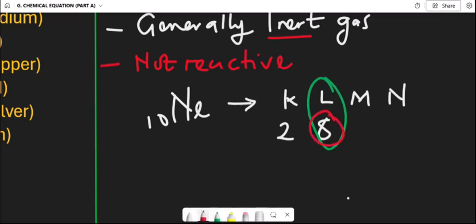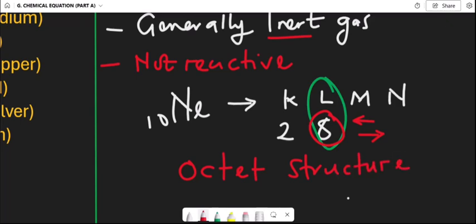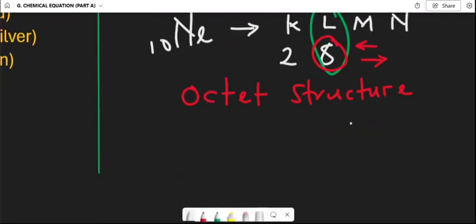So in this case, it does not need anything to come in, and it does not need anything to give out. In that kind of state, it is in a stable state, or you call it an octet structure. So neon is in a stable state, or found in an octet structure, meaning a balanced or stable structure. So in this kind of case, the valency of such an element is always called 0.